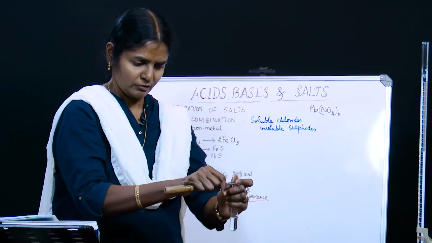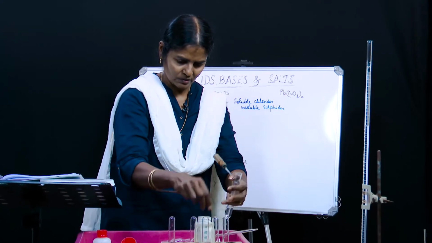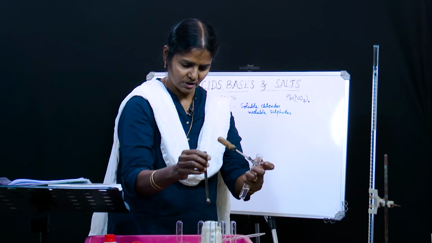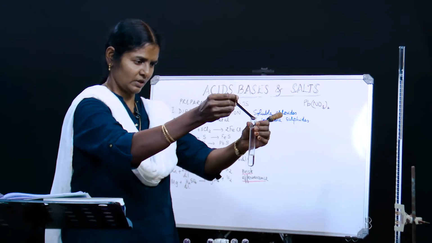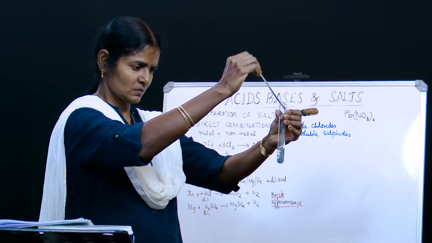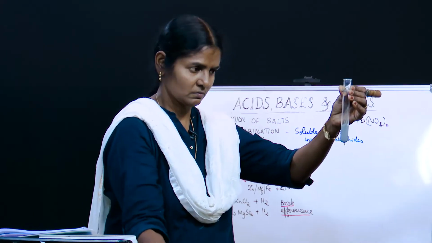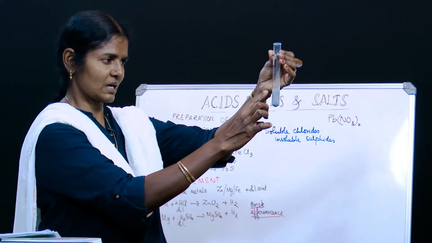If we add some zinc powder to it, we could add zinc granules or zinc powder as per the availability. When we add this, it starts reacting and you can see the brisk effervescence happening.